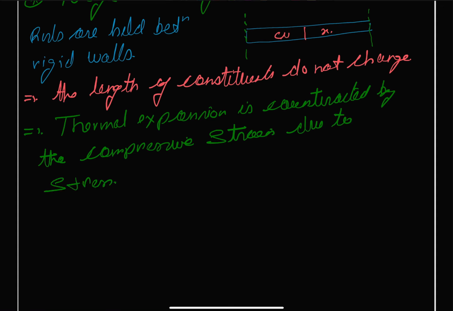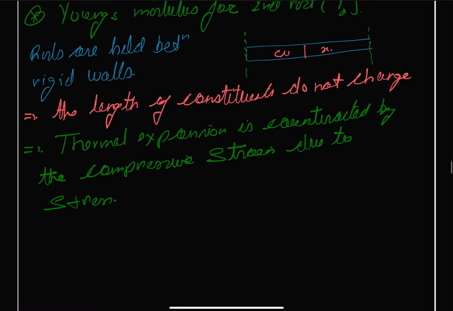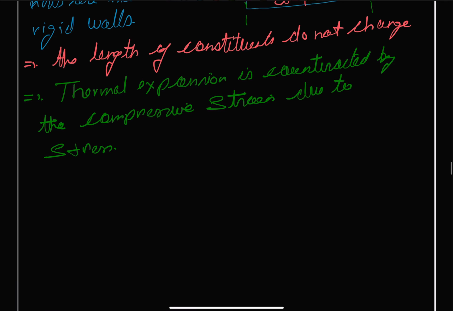Or in a shorter version, we can say that the expansion is stopped by both the walls. The walls do not allow the expansion. This is the basic meaning of that.